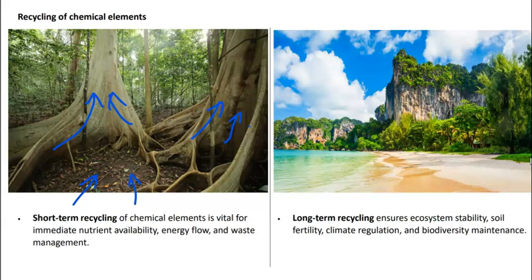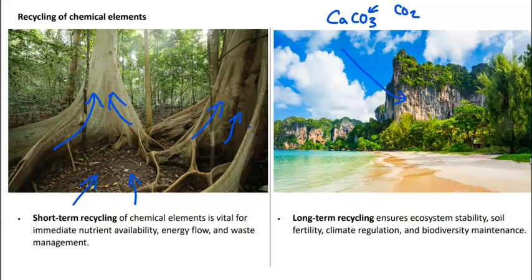A longer term recycling process is in sedimentation, in which carbon structures end up forming rock structures, as we see here. So these limestone cliffs are made of calcium carbonate. If we look at the formula for calcium carbonate, recognize that in here we have carbon dioxide, and this has become trapped from the shells of the small microorganisms into forming rocks due to sedimentation many millions of years ago.